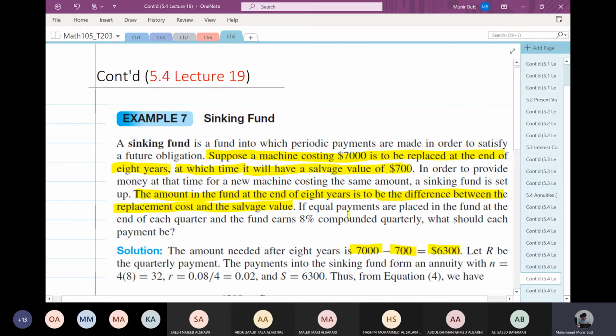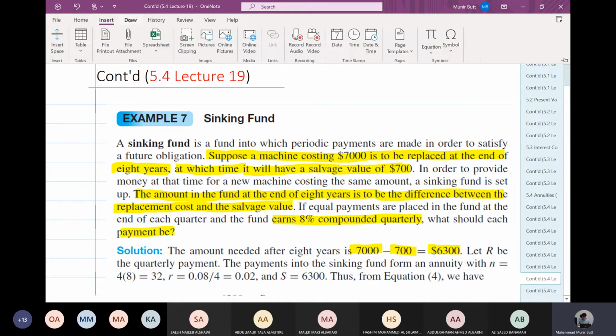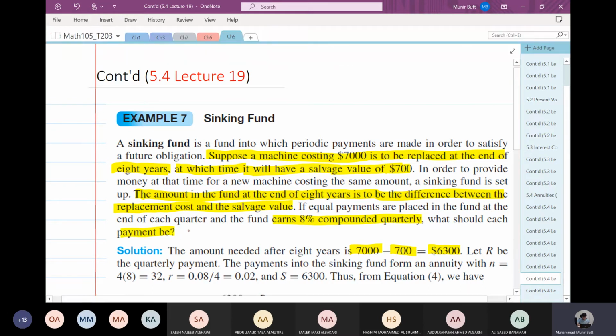What should each payment be? We are interested in finding each payment, not the sum. So it means that we want to find R. Agree?